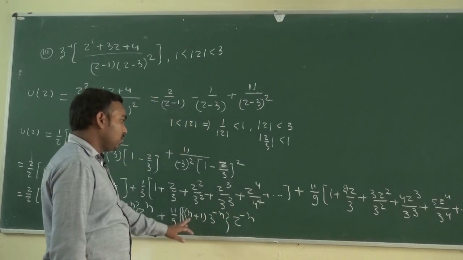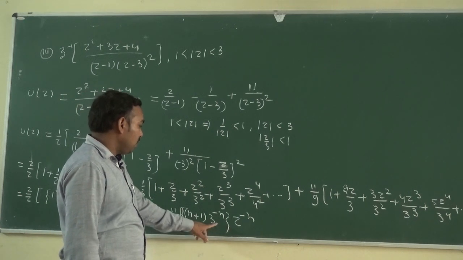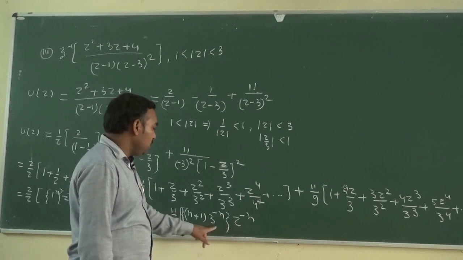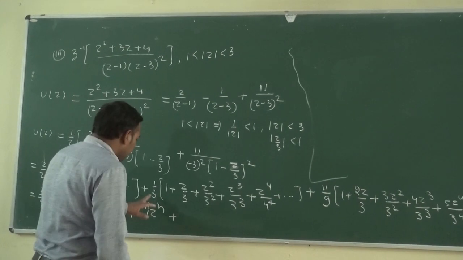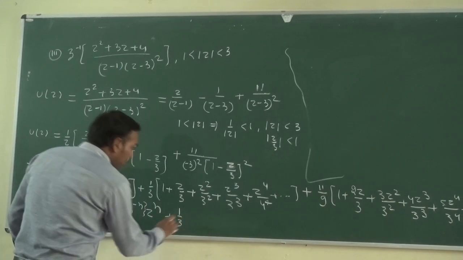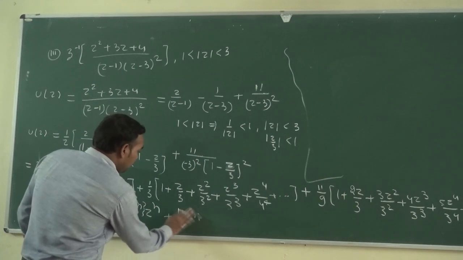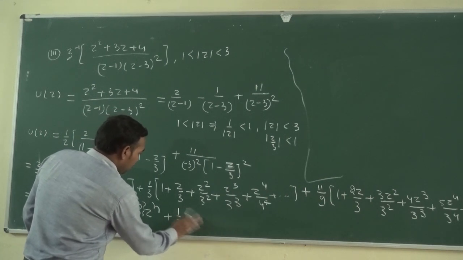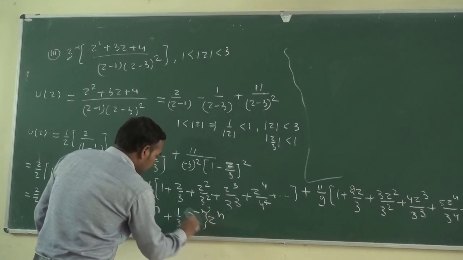For n going to 3, this going to 4, and z cube upon 3 cube. Here we can say this can be written simply as 1 upon 3, 3 to the power minus n, z to the power n.